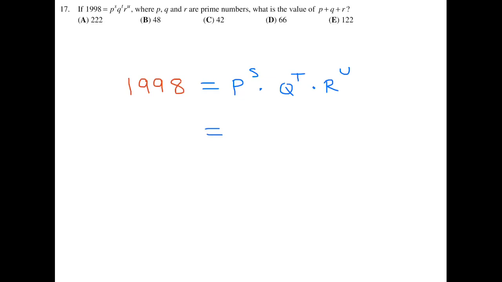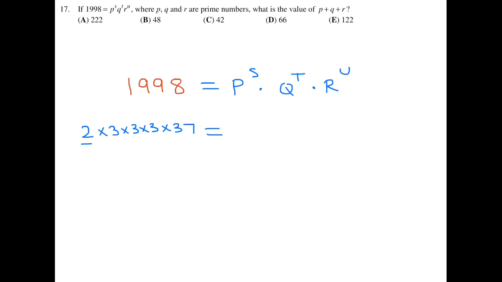So 1998 into its prime factors, I believe, is 2, and you can do this on your calculator, 3, 3, 3, and 37. So 1998 is divisible by 2, and then keep going, divide by whatever prime factors you feel it can be divided by, and eventually you'll get the factorization of 1998.